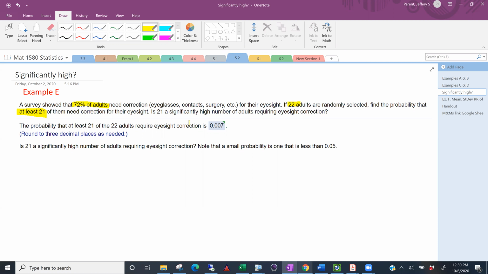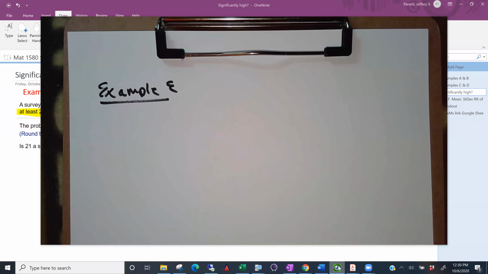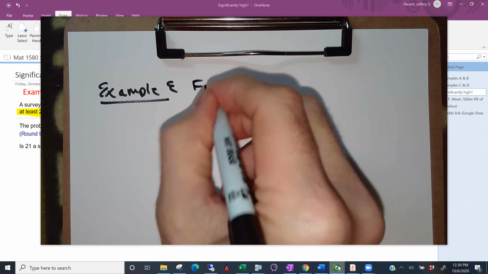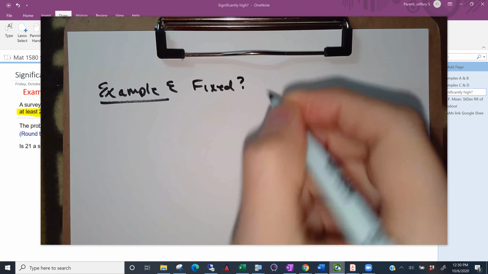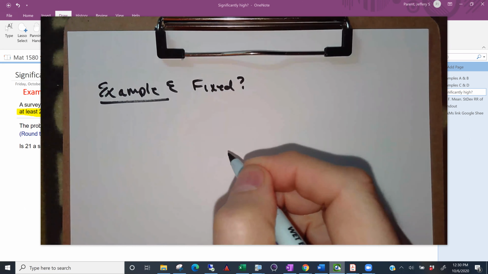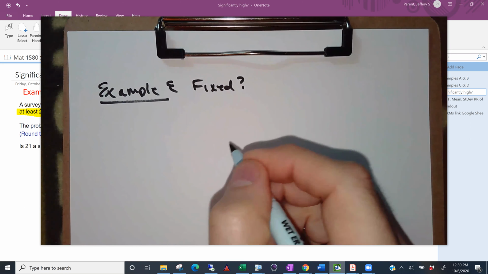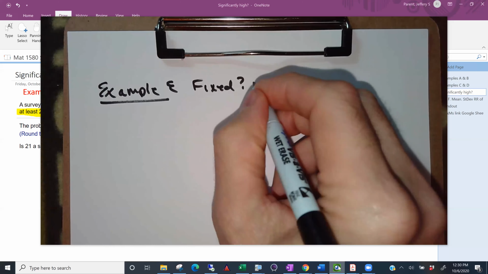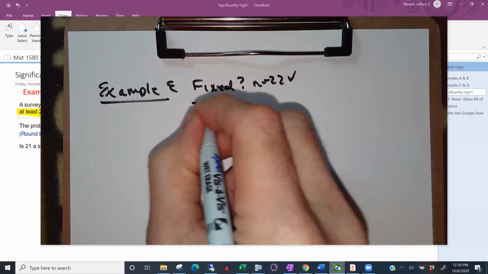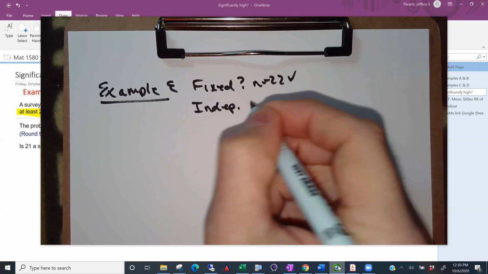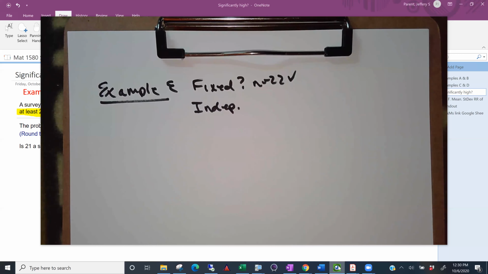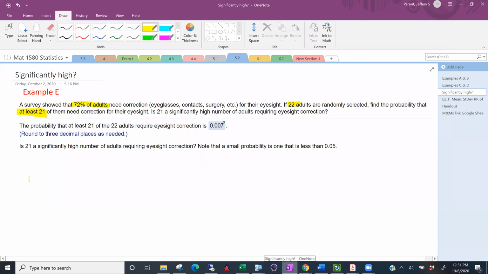Let's first decide if this meets the criteria for a binomial random variable. So is there a fixed number of trials? Yes, there's a fixed number of trials. There's 22 of them. Are they independent? If they're random. The other thing they have going for them is that you can definitely apply the 5% rule.